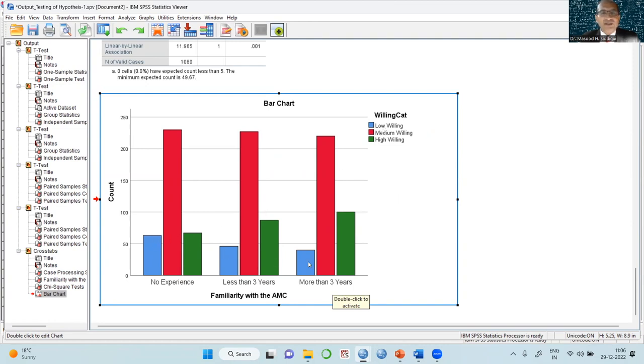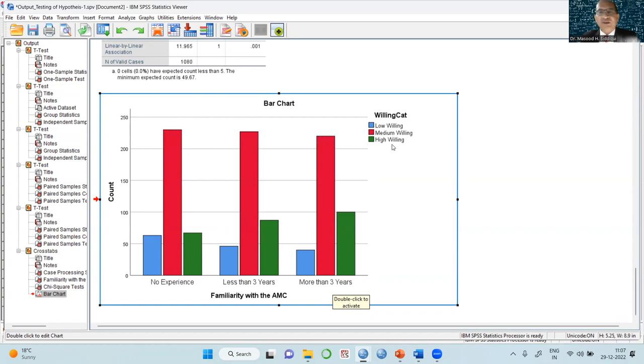So as we move from this side to that side, this blue bar's length decreases. Means as the familiarity increases, the low willingness decreases. Means the inverse relation, right? Related to low willingness.